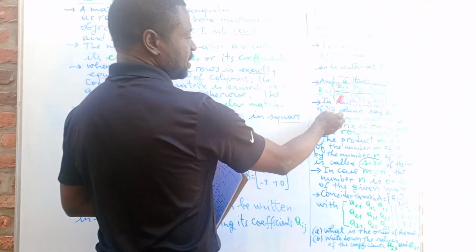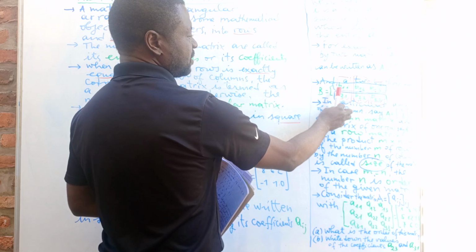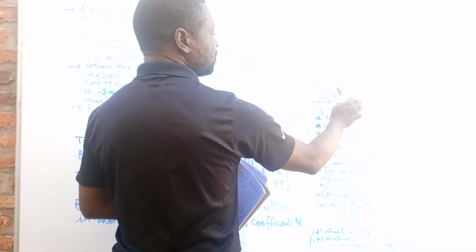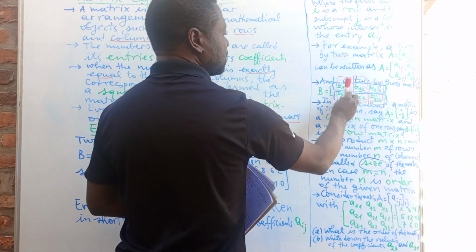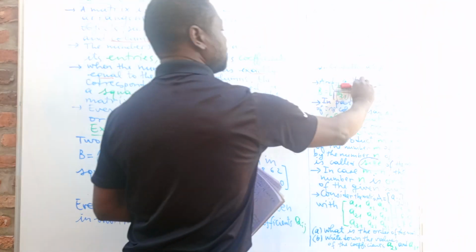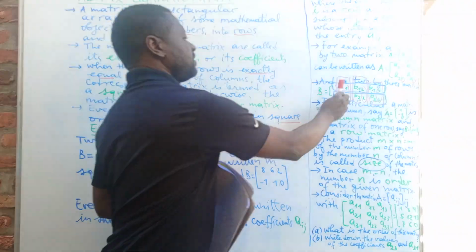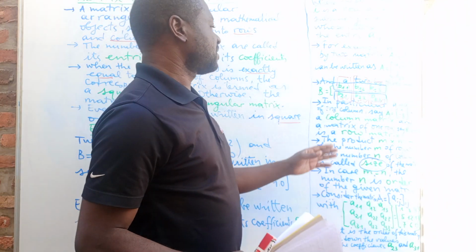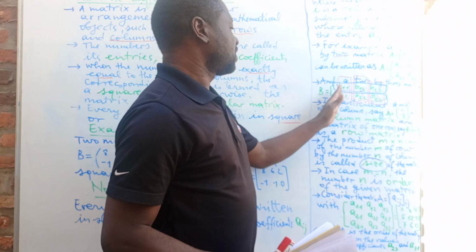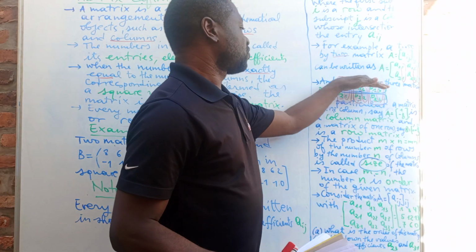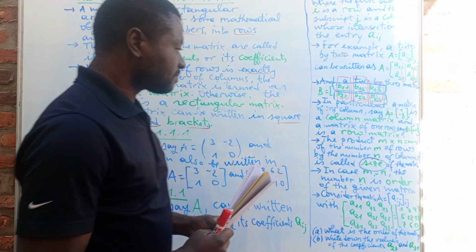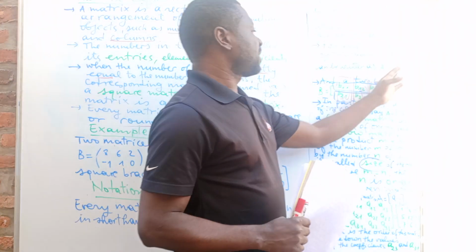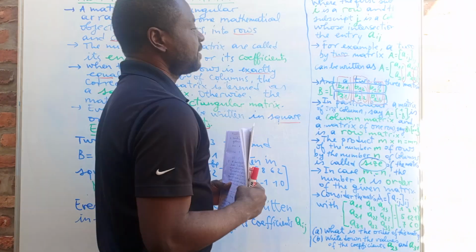For example, the size of matrix B is 2 times 3, because we have 2 rows and 3 columns, and its size is said to be a 2 by 3 matrix. And this matrix is a square matrix.